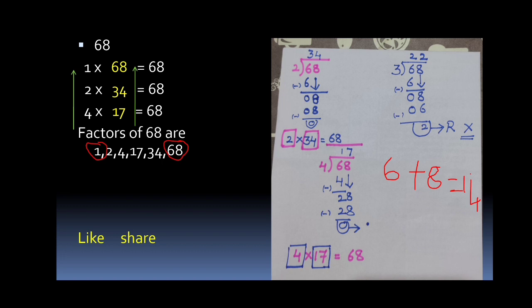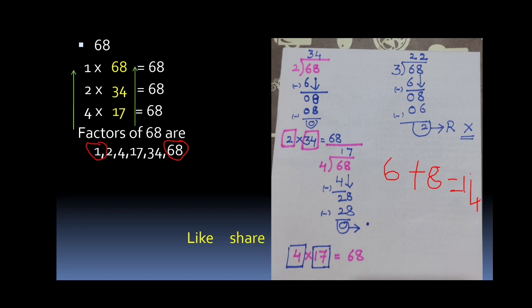If you see, for every number the factors will include 1 and itself. If you take any number, 13 or 16, the factors will be 1 and the number itself.